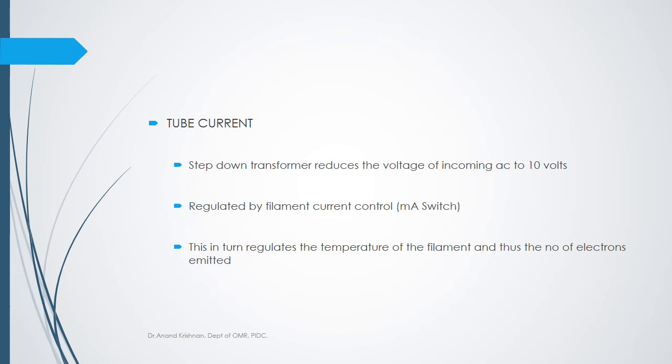So here the step down transformer reduces the voltage of incoming alternating current to 10 volts. We all know that our socket supplies 220 volts, and there is a step down and step up transformer which moderates this incoming current, making it suitable for our need, and regulated by the filament control mA switch, and this in turn regulates the temperature of the filament, thus the number of electrons emitted.